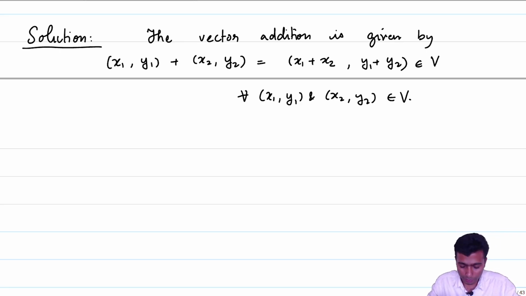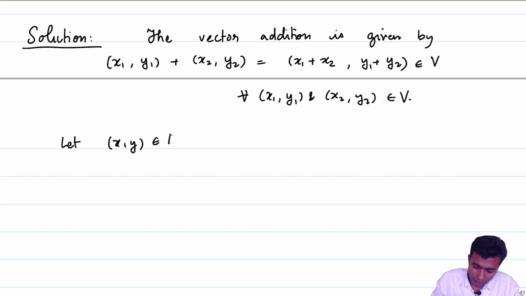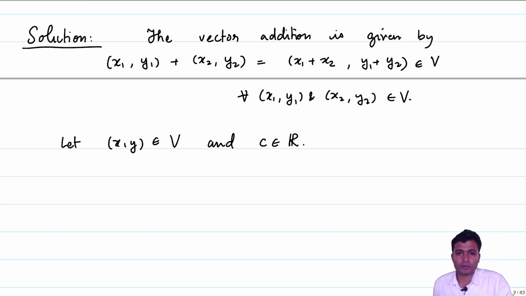How about scalar multiplication? So let x, y be in R2, in V. V is the same as R2, but let me just call it V, because that is what the vector space is being called. So let x, y be in V and C be an element from the field of scalars.